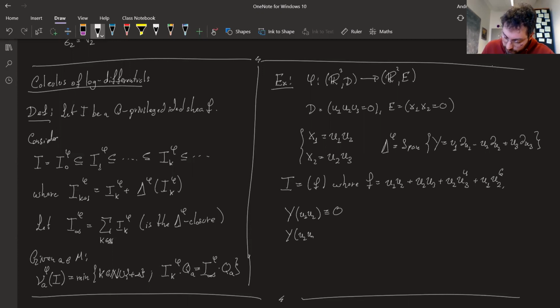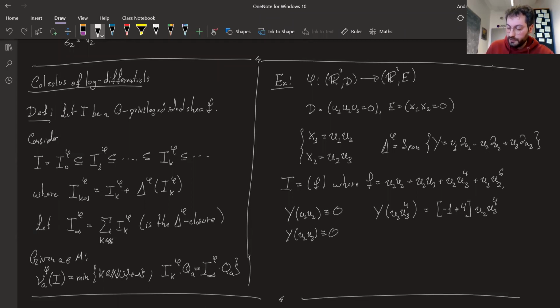And u2 u3, this is equal to 0. Now, the other two monomials are not like that. If we compute y of u2 u3 to the power 4, the entry in u2 appears with a -1, so this is going to give us -1. And the entry in u3 appears with a plus, here it is 4, so plus 4.